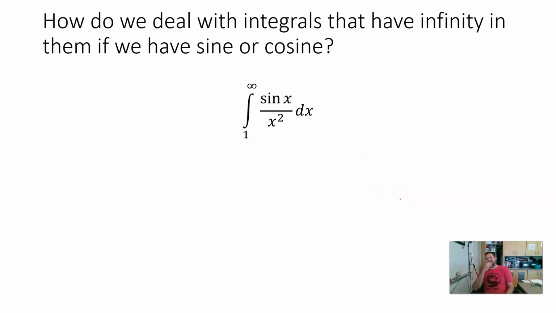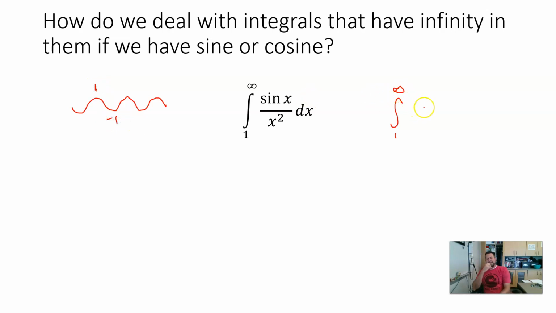Sometimes integrals that have infinity have sine or cosine in them. Now, what you have to realize about a sine or cosine function, if I'm trying to tell whether or not it's convergent or divergent, is that when I look at a sine graph, it goes up and down and up and down and up and down. The nice thing about that is the largest it's ever going to be is 1. The smallest it's ever going to be is -1.